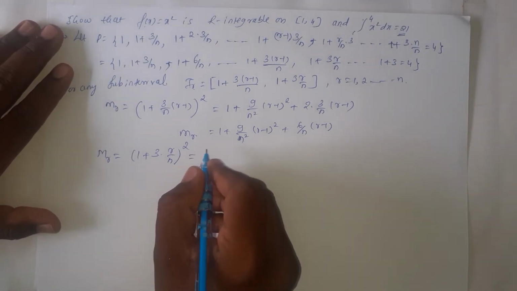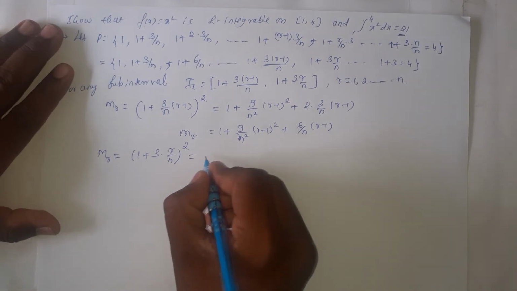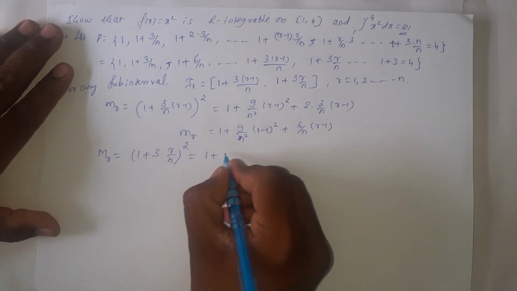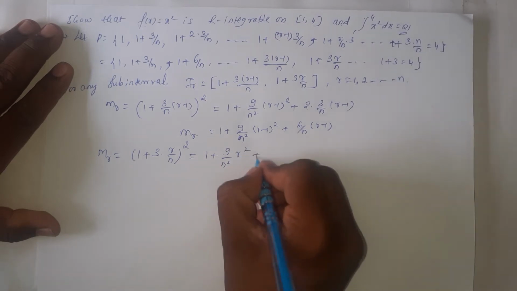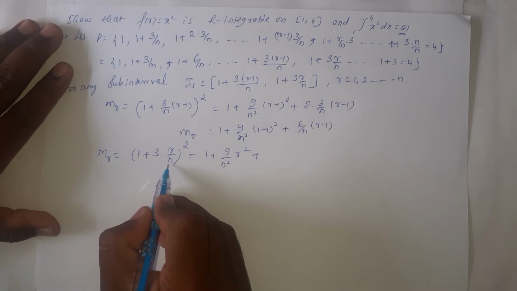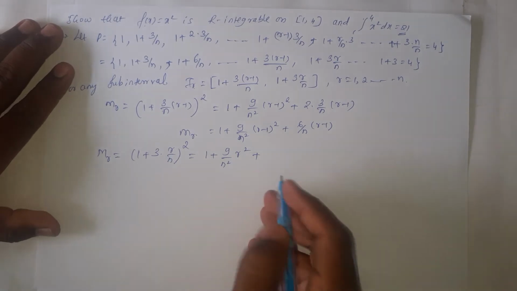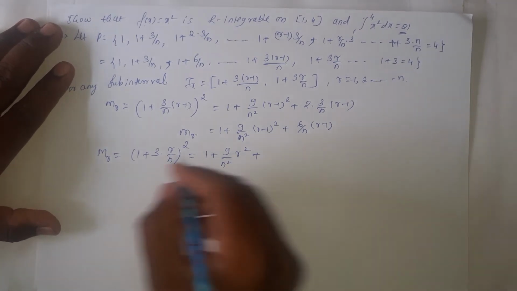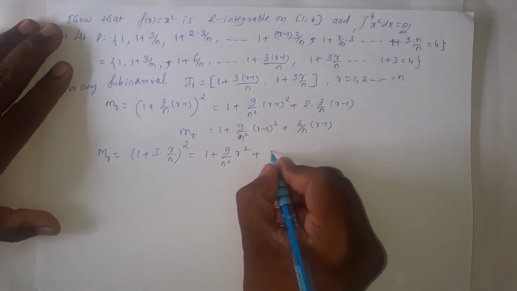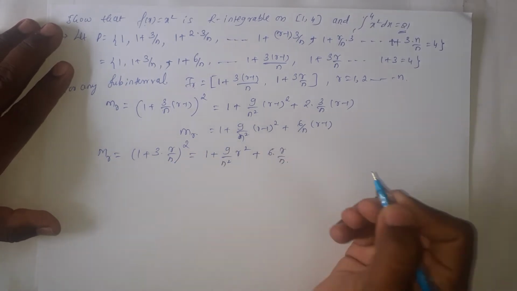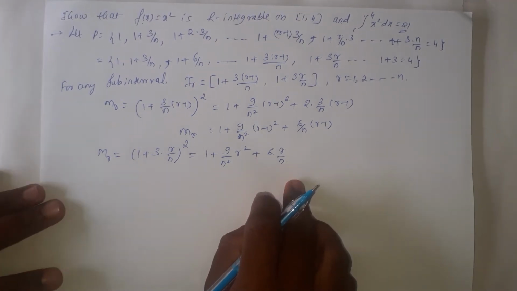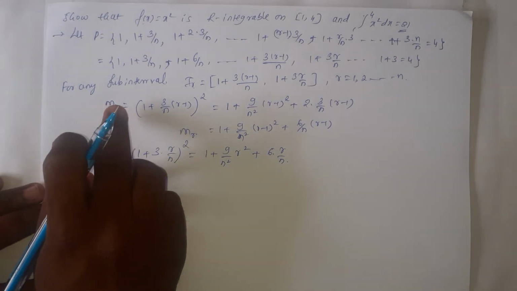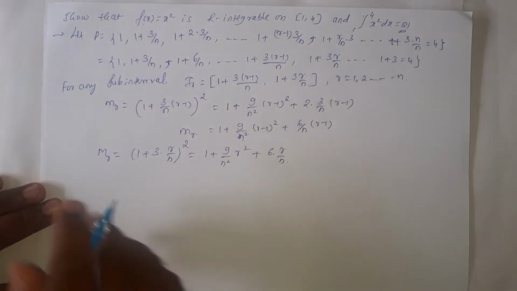Here also apply the same identity (a plus b) whole square, that is a square, which is 1, then 9 by n square r square, plus 2ab, that is 2 into 3 into r by n, that is 6 r by n. So this is the supremum of the given function f of x in the rth sub interval. So these are the supremum and infimum of the function.